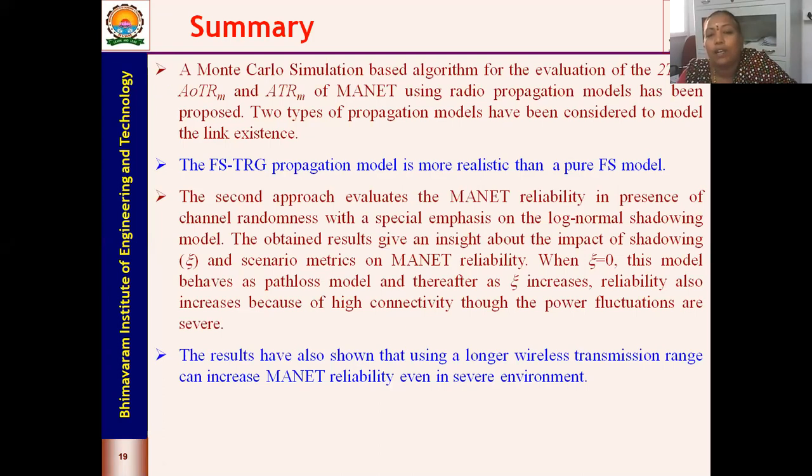So when we look into this, we can understand that the Monte Carlo simulation based algorithm for the evaluation of 2TR, AOTR and ATR of the MANET using radio propagation models has been proposed, and these models have been proposed mainly to design the link existence.